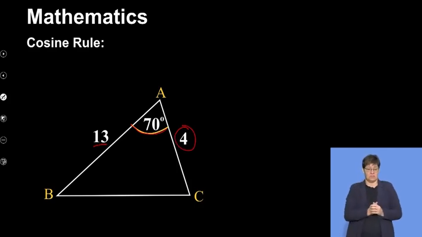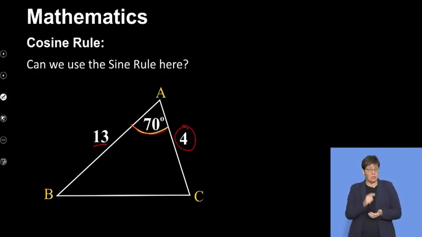Now, is it possible to use the sine rule here? Remember again, for the sine rule, what do we need? We need one full pair of angles and sides. So, we need an angle and its matching side. We have this angle, but we do not have the matching side.